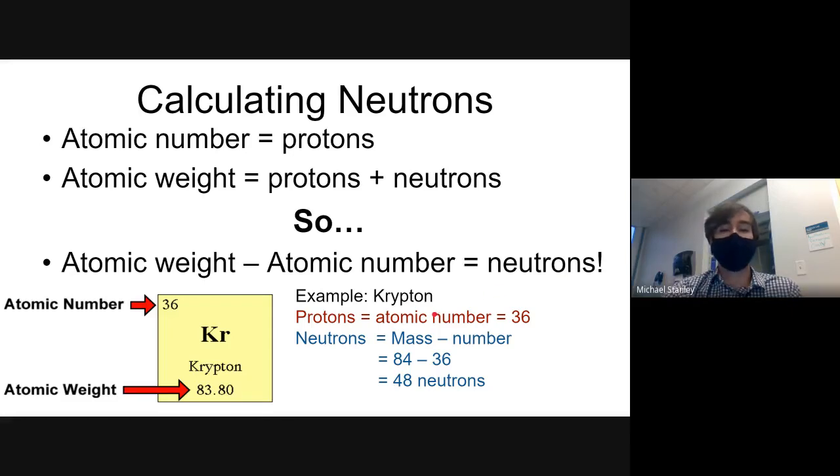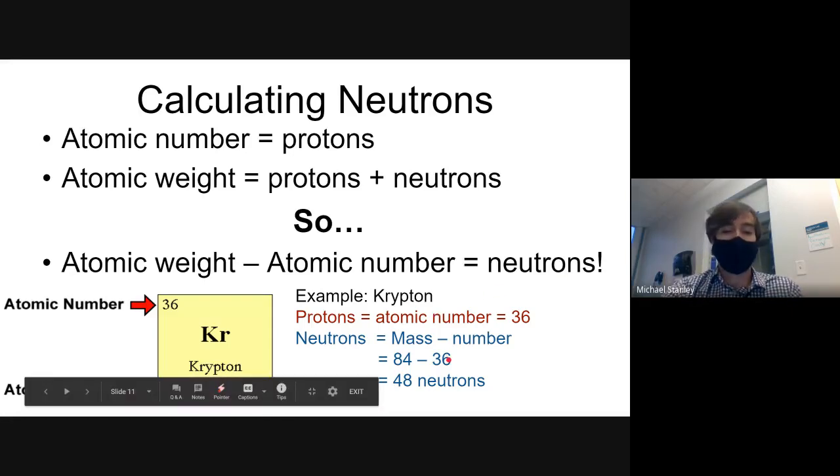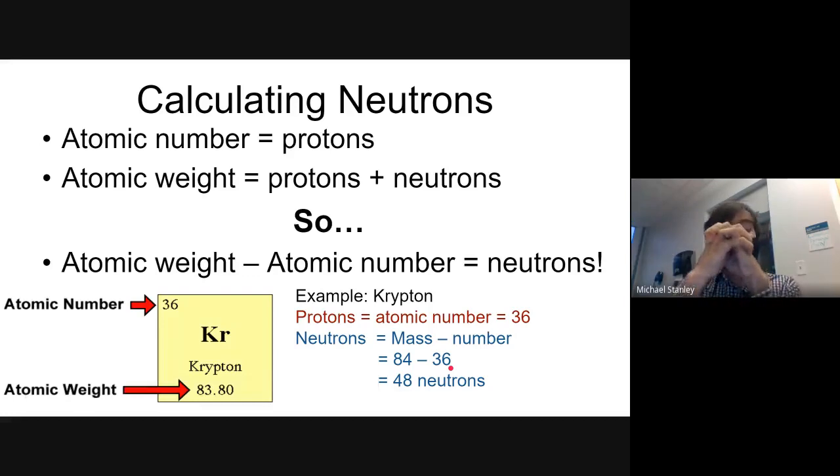So if we take the weight and we take away the number of protons, we are left with the number of neutrons. So krypton has 48 neutrons and 36 protons together in its nucleus, and those combined give us an atomic weight of about 84.